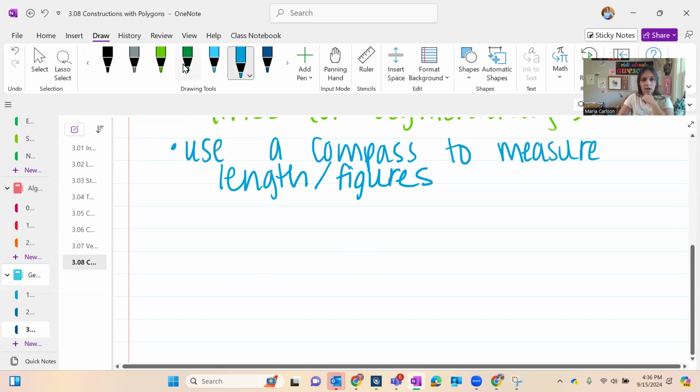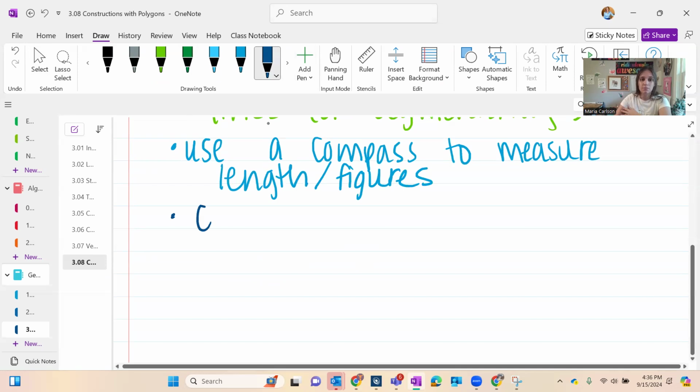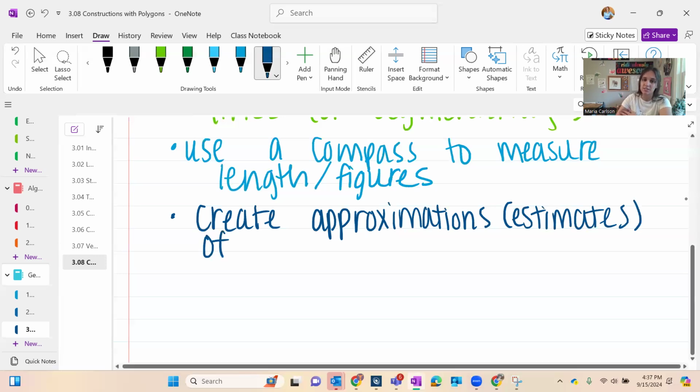The other important tip is we can sometimes create, or sometimes it can be helpful to create, approximations or estimates of intersections first.